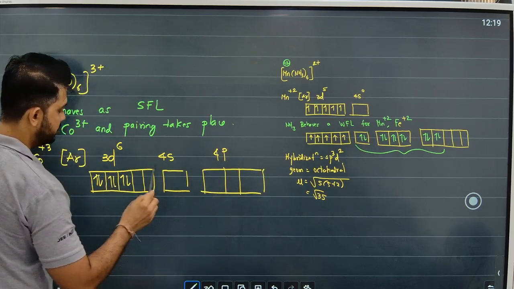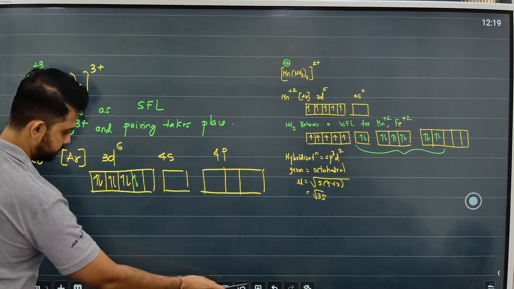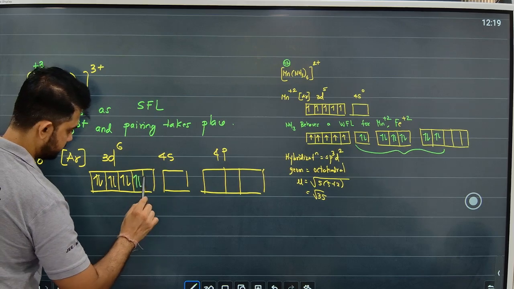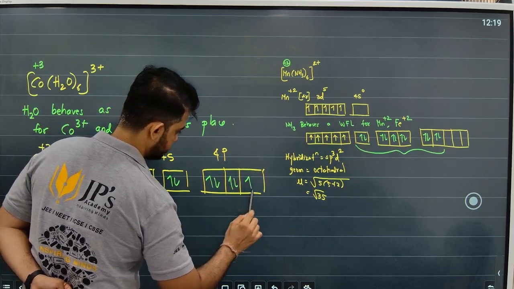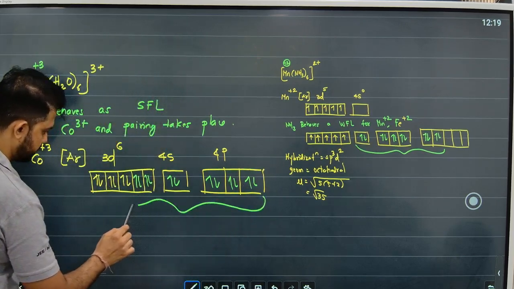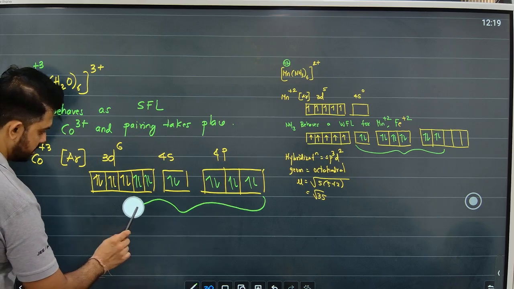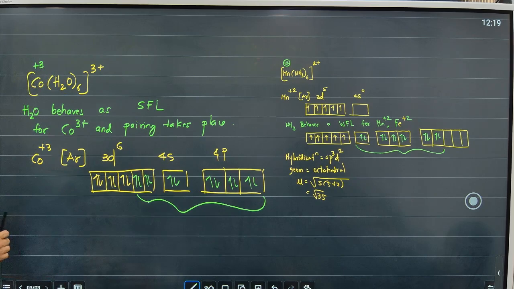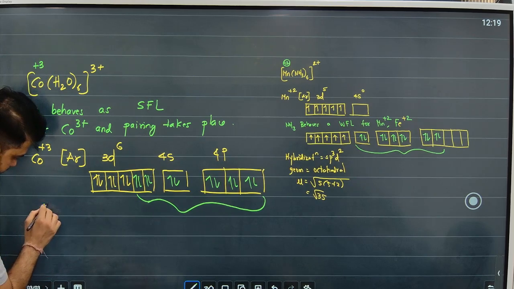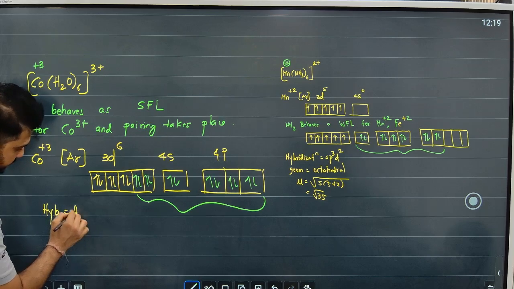How many lone pairs? 6. Hybridization, d2sp3.